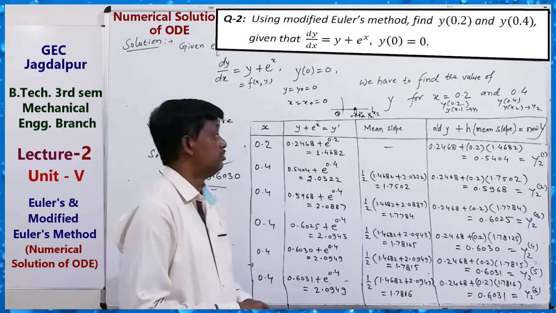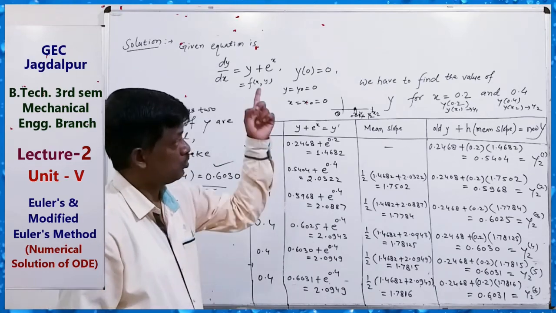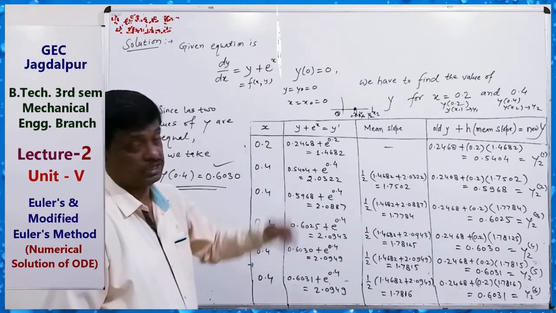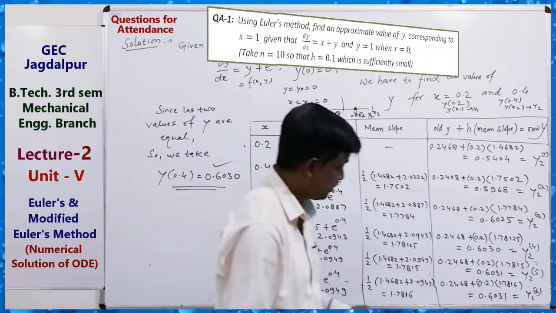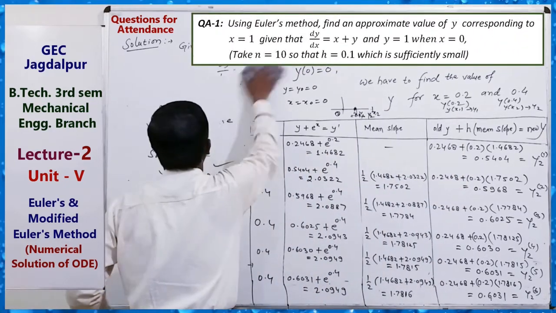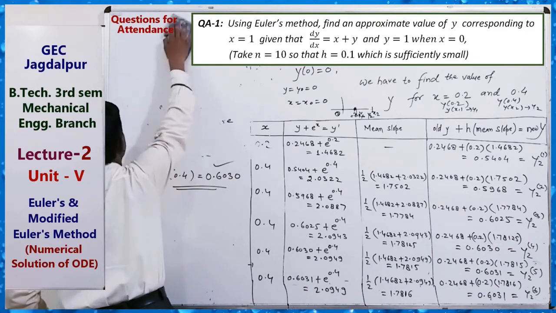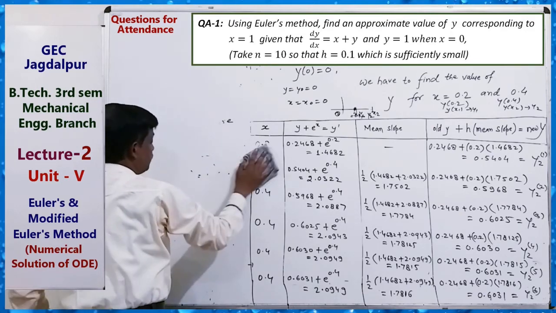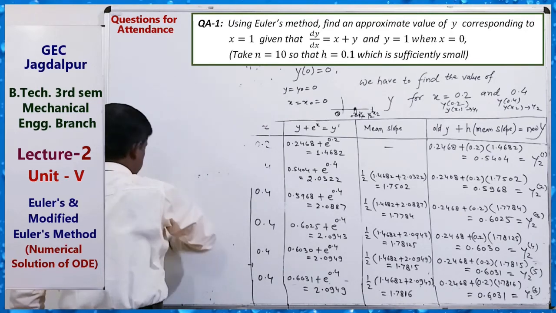Okay, now solve two questions, these two questions for your attendance. One question using Euler's formula and another question using Euler's modified formula.